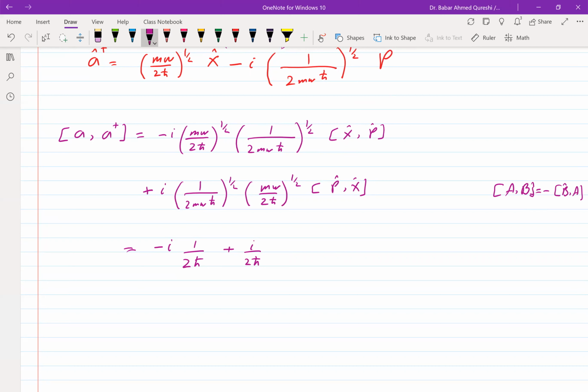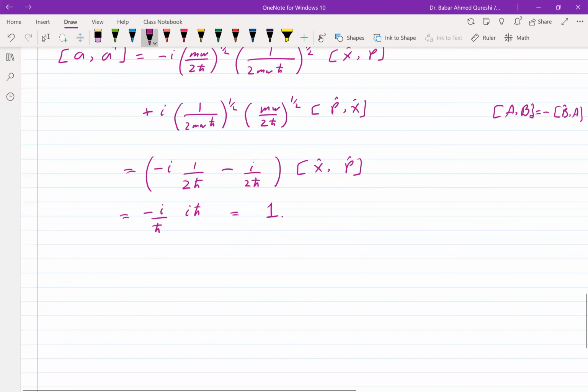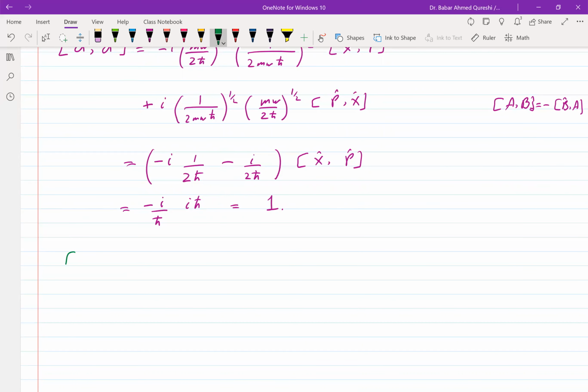So they both give me the same commutator, x hat p hat. When I reverse it, this sign gets reversed. So I get minus iota over h bar, and the x hat p hat commutator is iota h bar. So this becomes 1. So the A, A dagger commutator is 1.